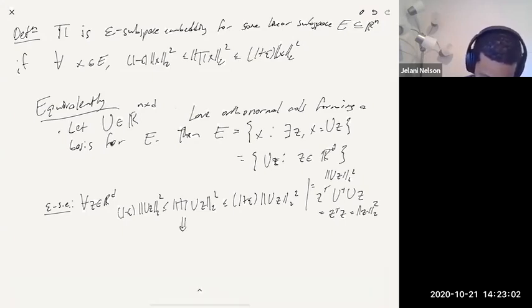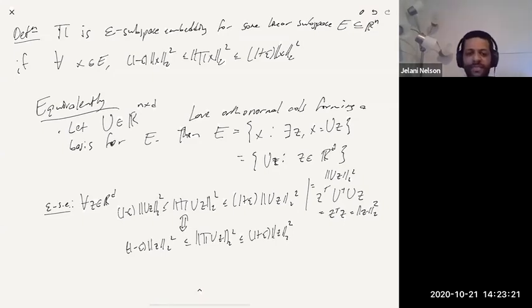So this is the same thing as saying that 1 minus epsilon times the norm of Z squared is less than or equal to the norm of pi UZ squared, which is less than or equal to 1 plus epsilon times the norm of Z squared.